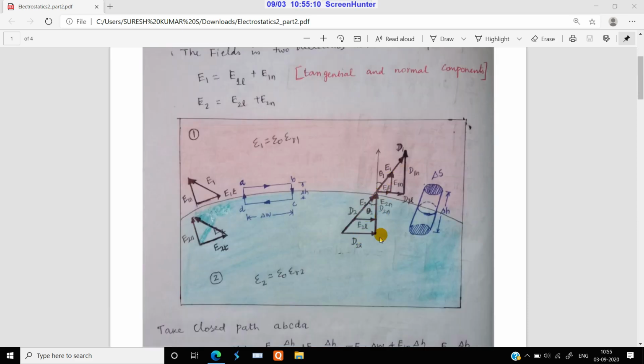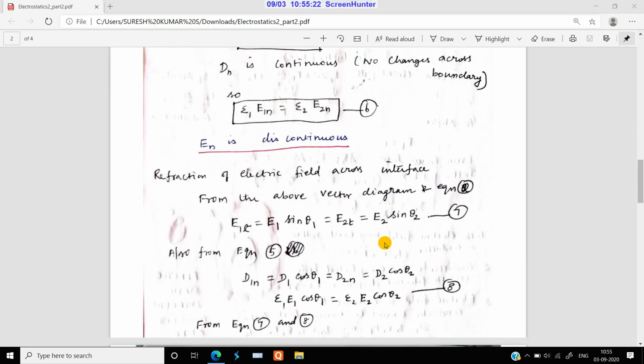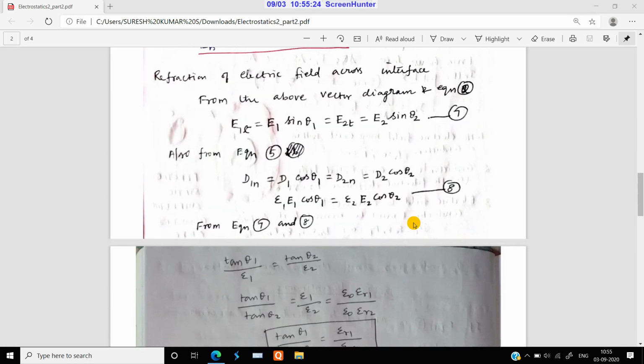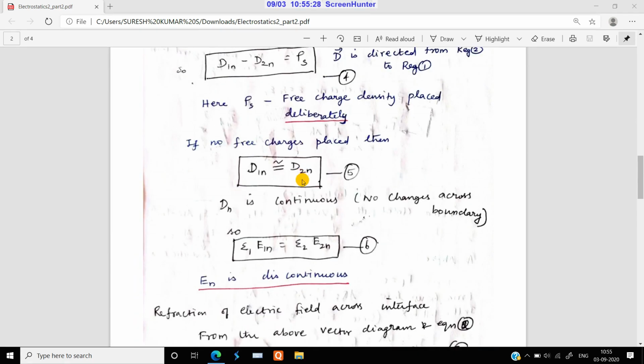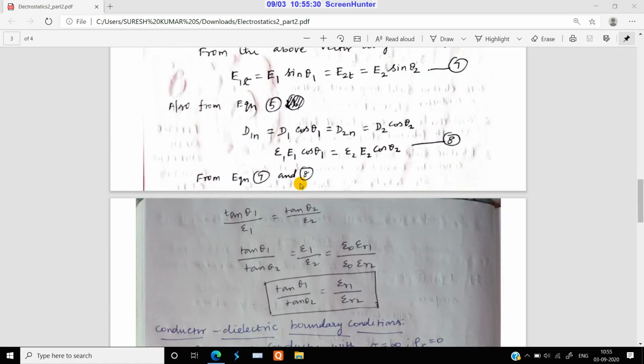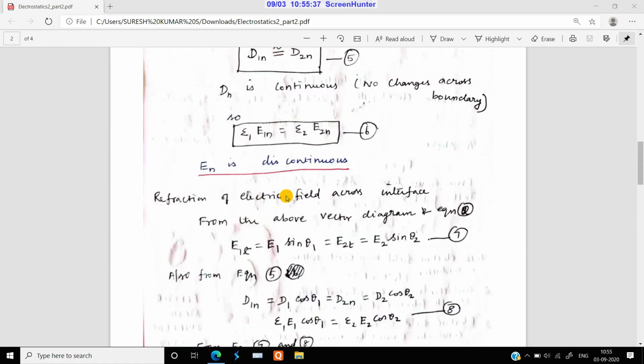If you are going to segregate this along this axis, then we can say this as the E2 sine theta 2. Also from equation number 5, D1n is equal to D1 cos theta 1.